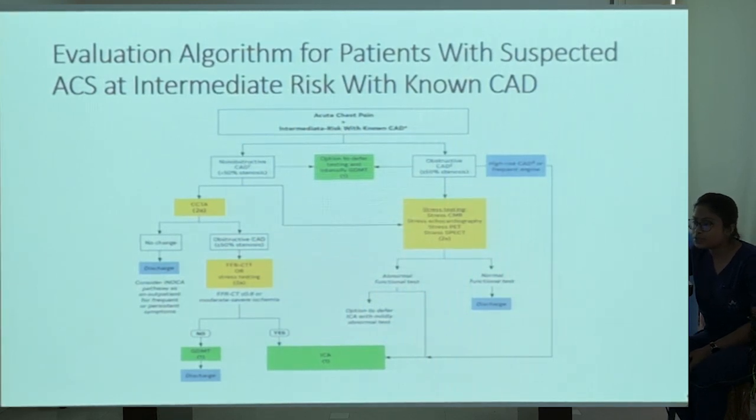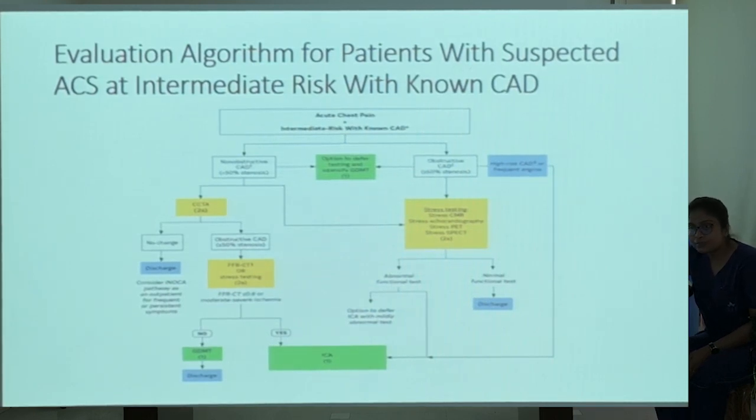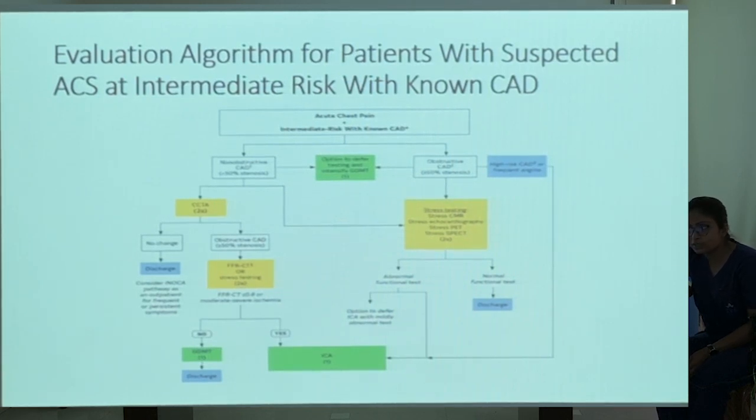This algorithm shows patients with suspected ACS at intermediate risk with known CAD. This can firstly be classified according to the obstruction. If there is less than 50% stenosis, it is classified as non-obstructive CAD.